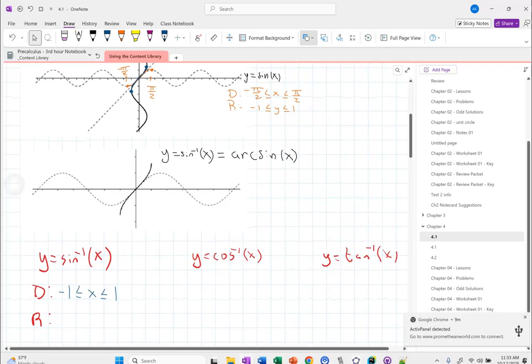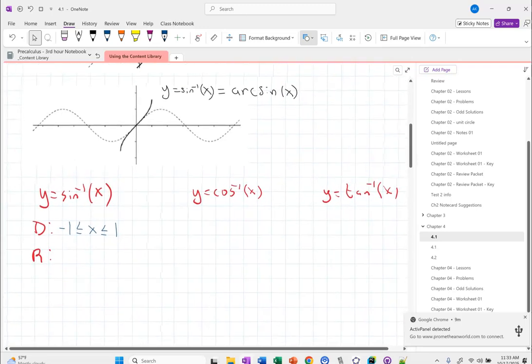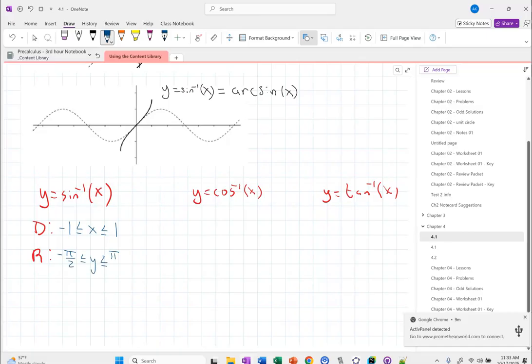The domain for sine was -π/2 to +π/2, so the range for sine inverse is going to be -π/2 to +π/2. Is everybody okay there?